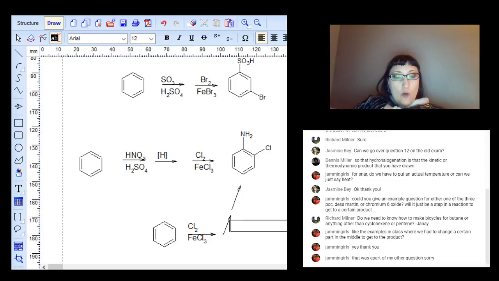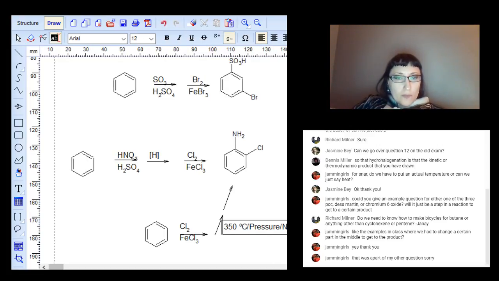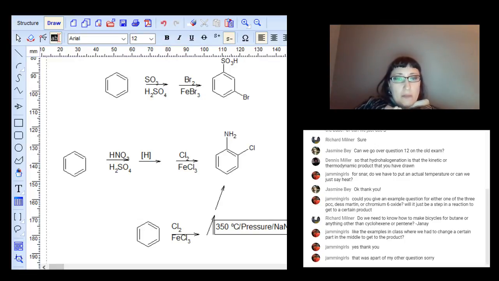If you remember, that required something like 350 degrees temperature, lots of pressure, and something like NH2. That would put the amine on the ring and displace the chlorine. We still need a chlorine on there, so then we could go back through again and do another chlorination reaction. If you did this in either of those two ways, they would both be 100% correct. I have no problem with either of those sets of reactions. So hopefully that makes sense.